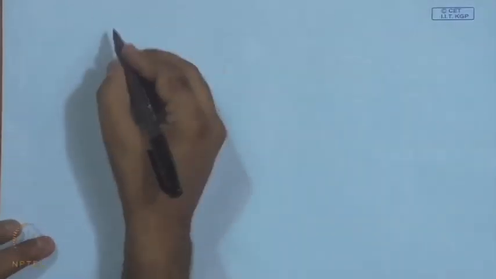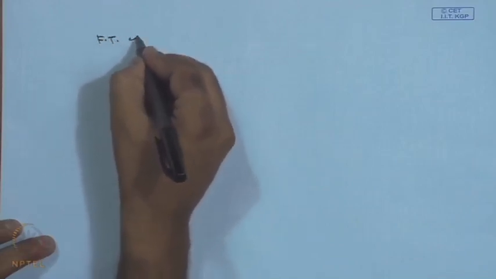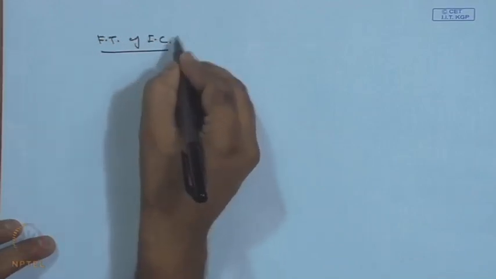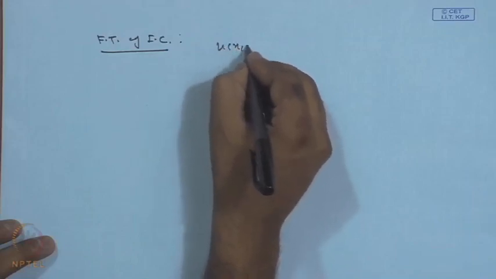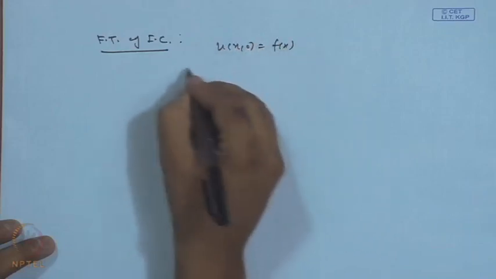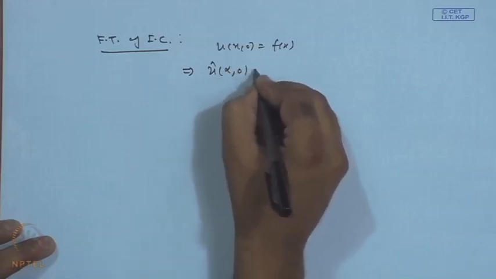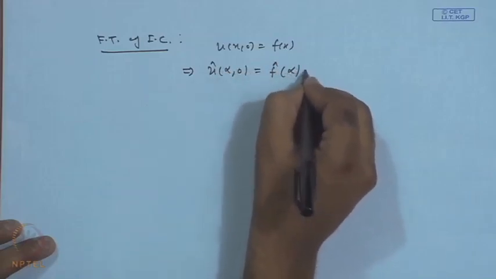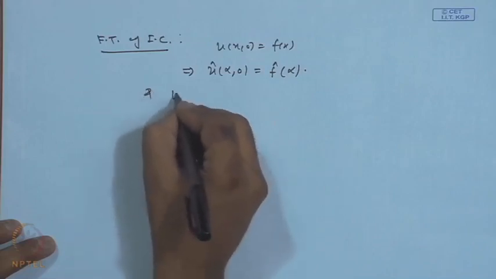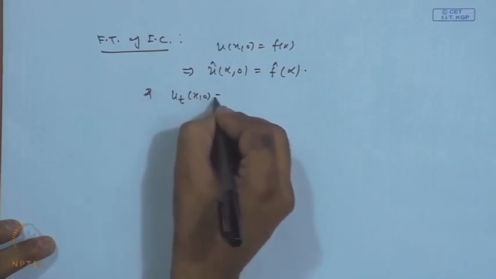Now the Fourier transform of the initial conditions. We have u(x, 0) is f(x), the first condition. So, here we get u hat (alpha, 0) is f hat (alpha), and the second condition we have is u_t(x, 0) is equal to 0.